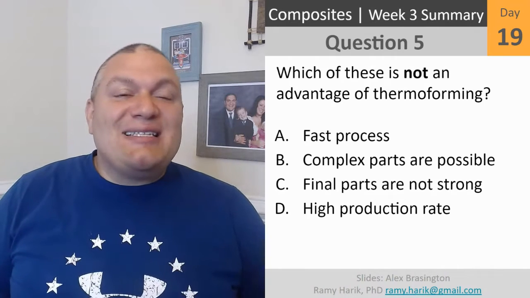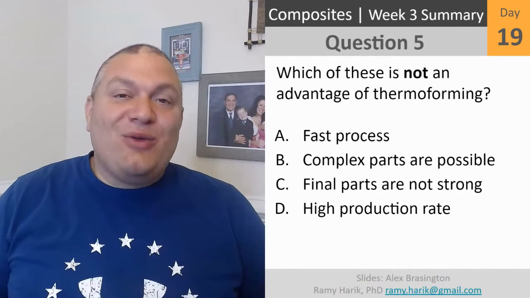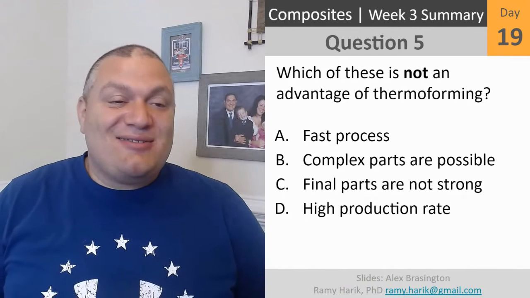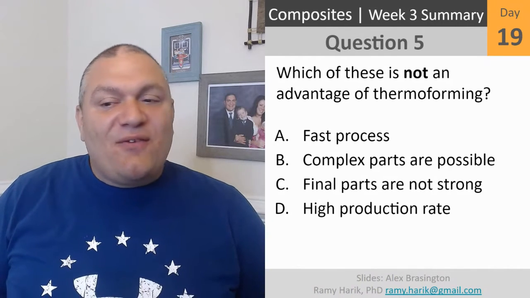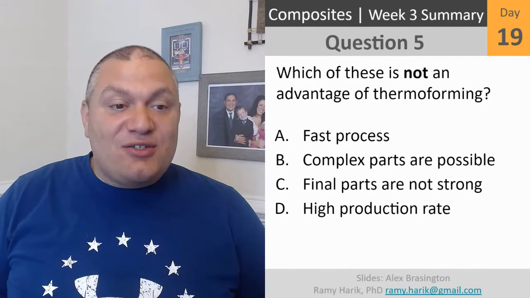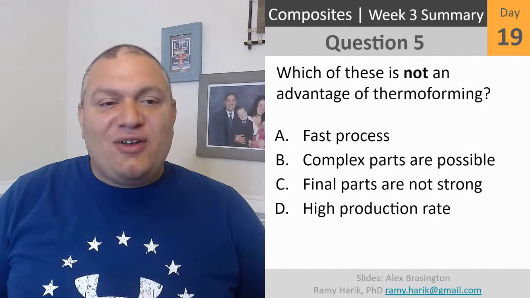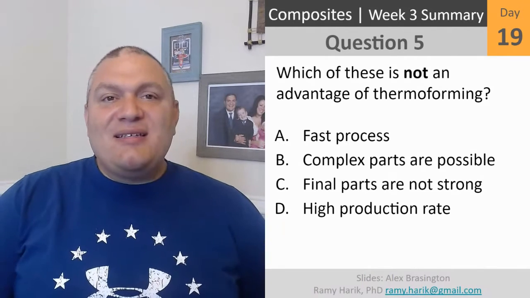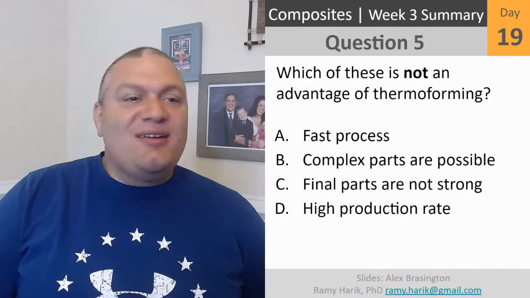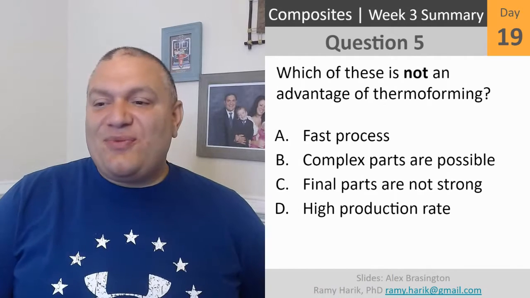So which of these is not an advantage of thermoforming? We know by now it's not A, because I just said it. Complex parts are possible. Final parts are not strong. High production rate. So what do you think? A, B, C, or D?